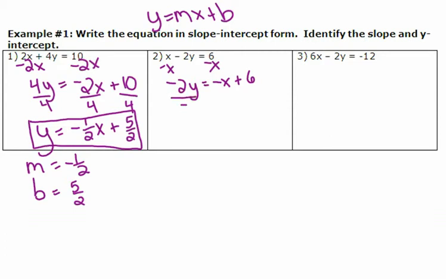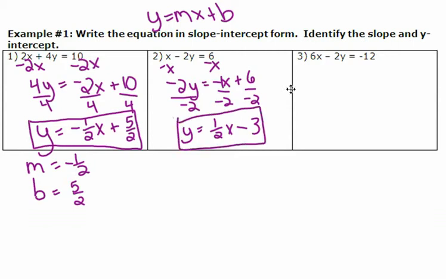I divide by negative 2 to all my terms, and I have y equals, this is like a negative 1 here. So negative 1 divided by negative 2 would be positive 1/2 x. 6 divided by negative 2 is negative 3. So this is minus 3. This is my equation in slope-intercept form.